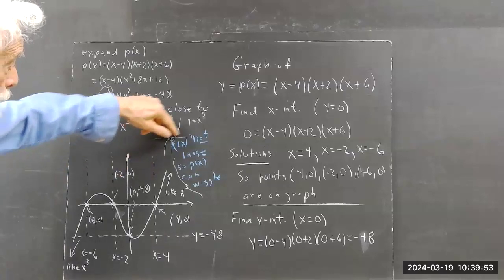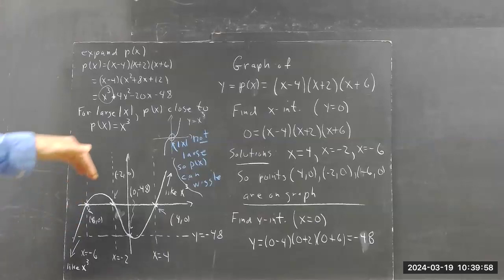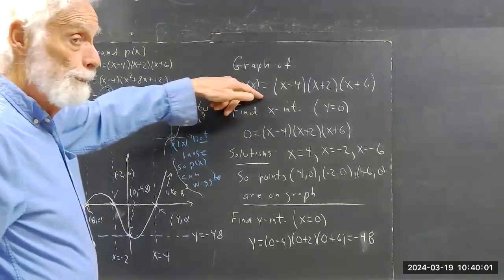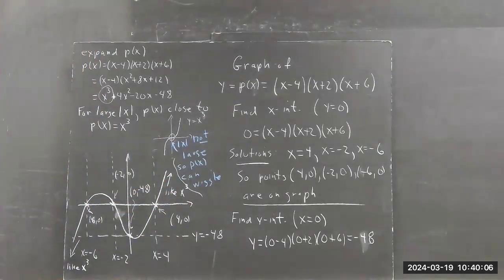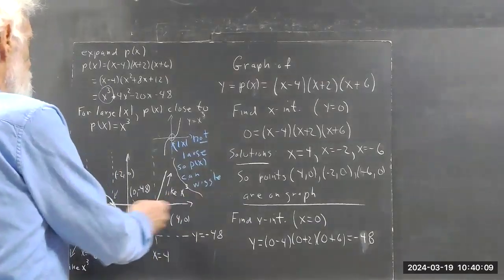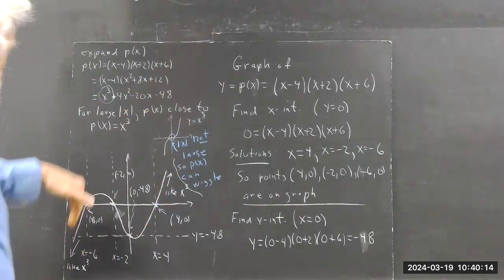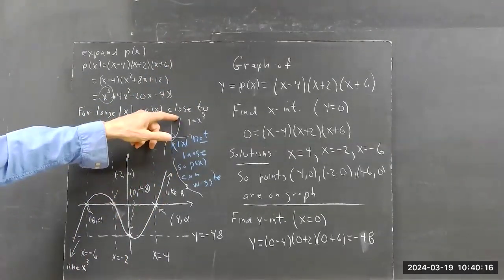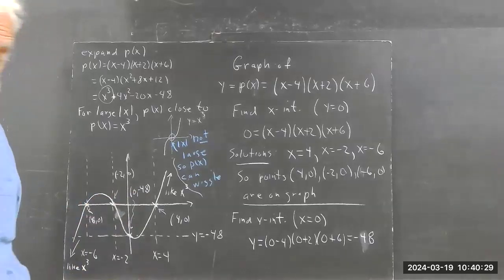So it's like X cubed, but with wiggles in the middle, and the wiggles are what we usually draw, because as soon as we get away from the zeros, it starts acting like at least something like X cubed. If we get just a little ways further from the origin than where the zeros are, it just takes off and acts like this. Does that make sense? You might not understand why, but of course you have to understand what the graph of X cubed looks like. So that's the way it's going to be.